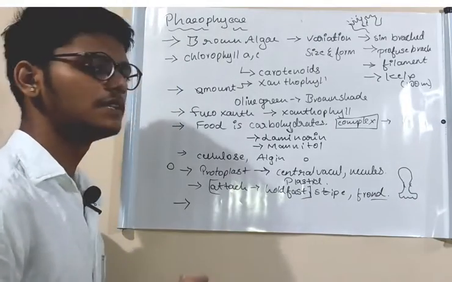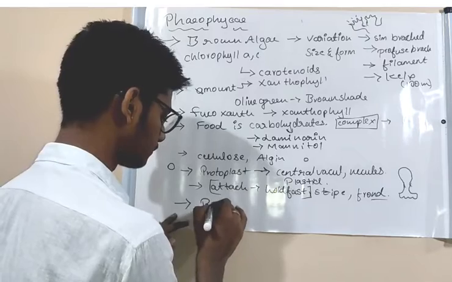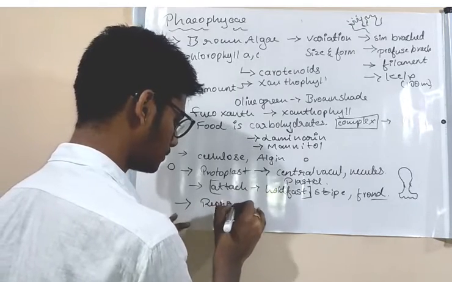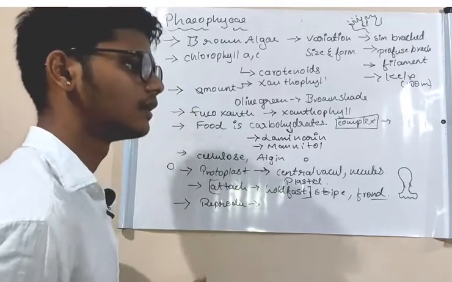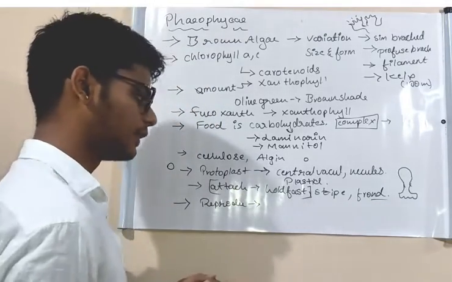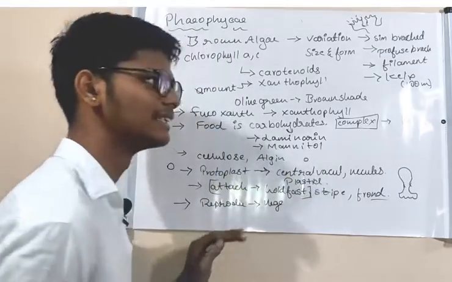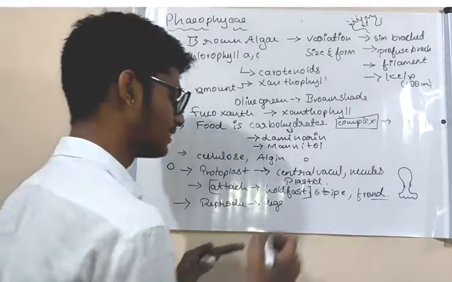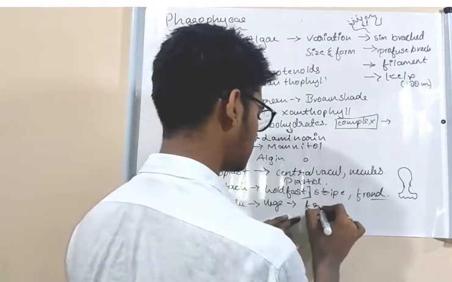When we see the reproduction of this, vegetative reproduction is by fragmentation.